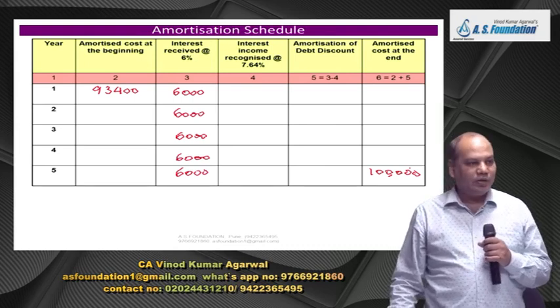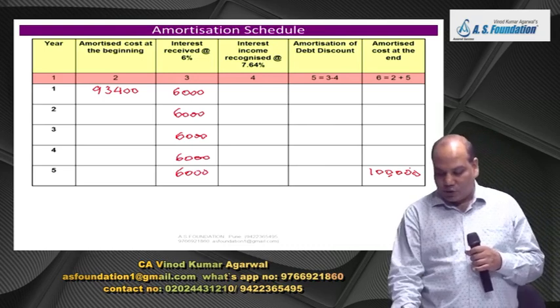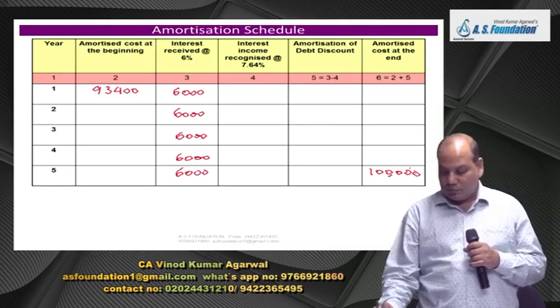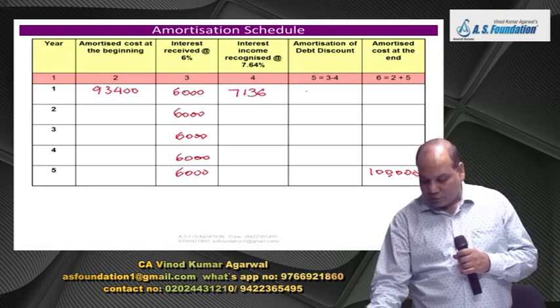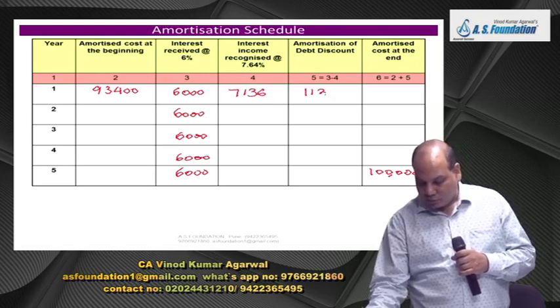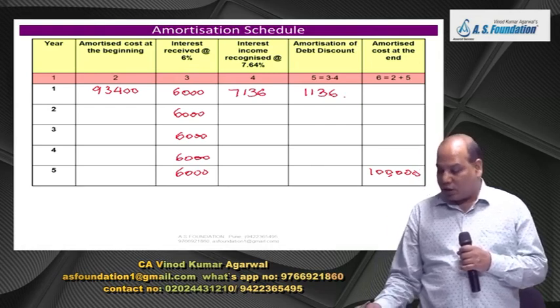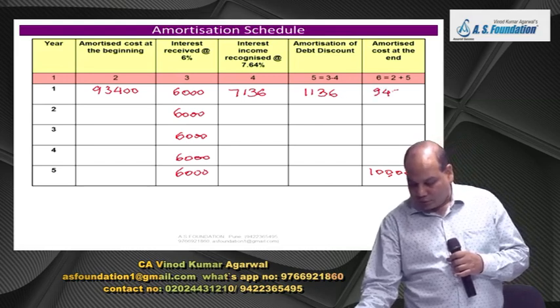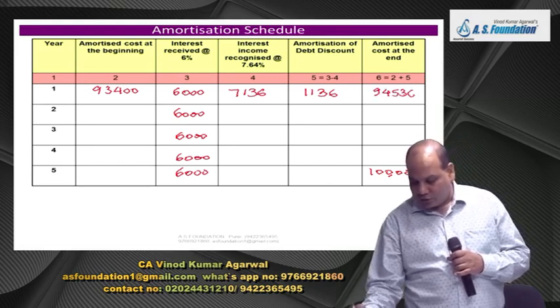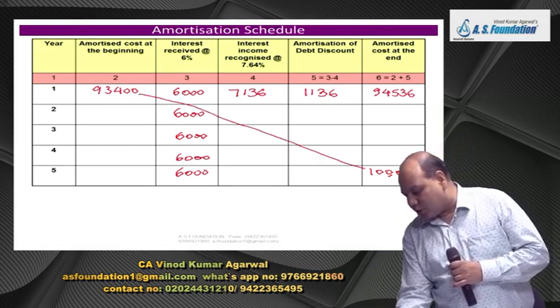Now do the basic calculation. 7.64% of 93,400 is 7136. So this time the difference is 1136. You will add or deduct now? Add. 94,536.